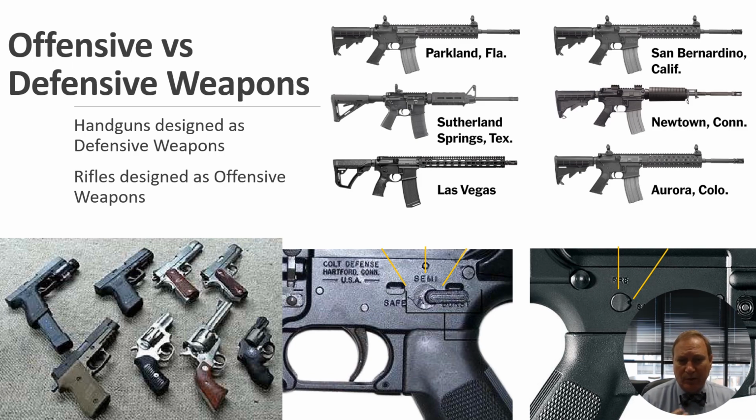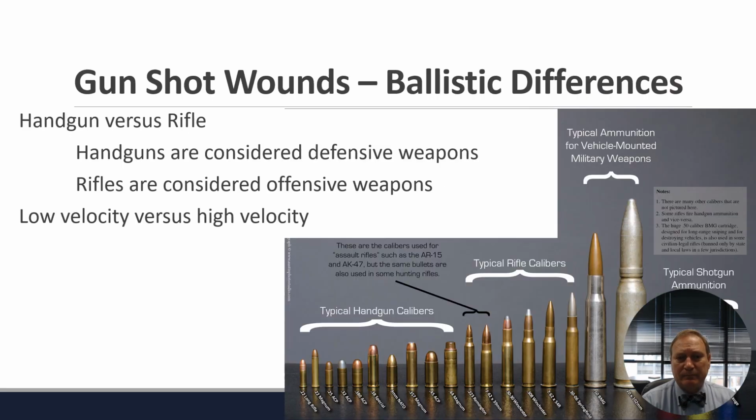Ballistic body armor will withstand defensive weapons, but typically will not withstand a shot fired by an offensive style weapon. Again, this gives you an idea of the difference between handguns and rifles, and what the type of projectile looks like.